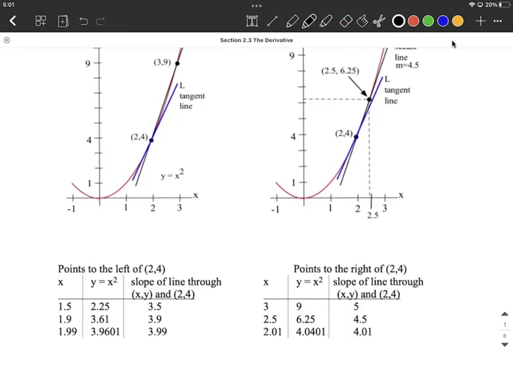As you can see from both of these, the numbers are getting closer and closer to 4 in both cases. So we'd have a pretty good guess that the slope of the tangent line is going to be 4, based on the numerical values in this table.